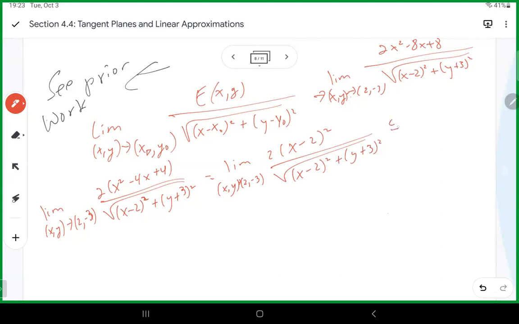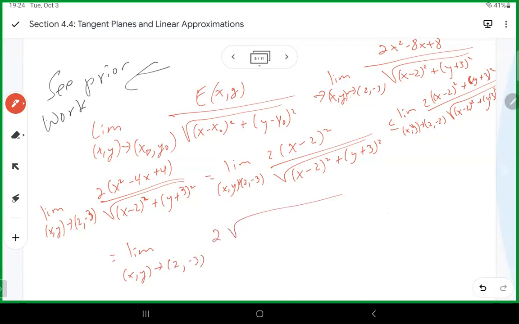Then we will say this. So our limit is 0.